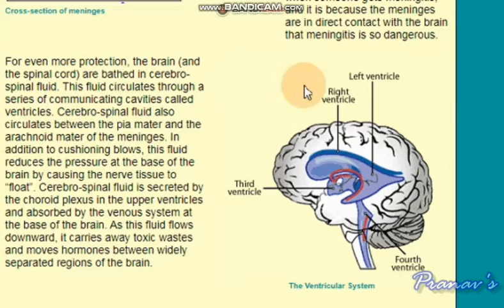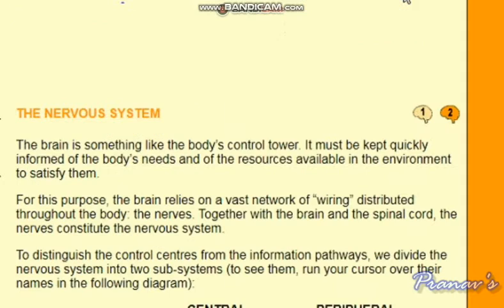In addition to cushioning the blows, it also reduces the pressure at the base of the brain by causing the nerve tissue to float. It is secreted by the choroid plexus in the upper ventricles and absorbed by the venous system at the base of the brain. It carries away toxic waste and also moves hormones between widely separated parts of the brain.